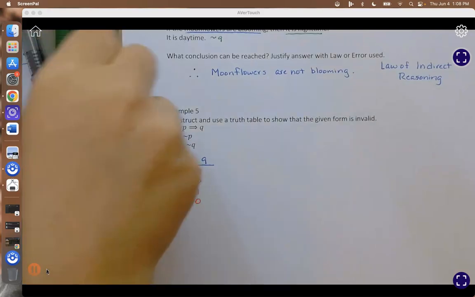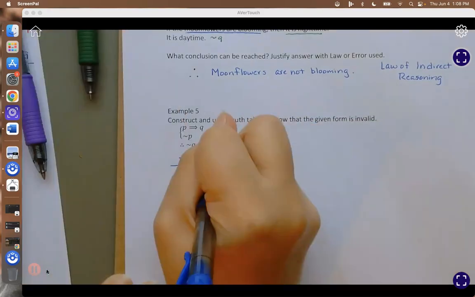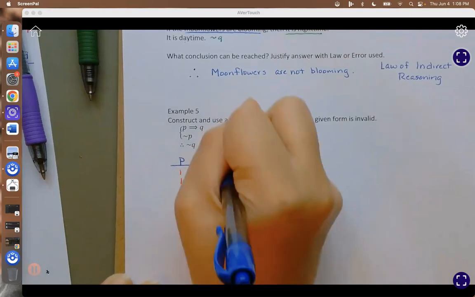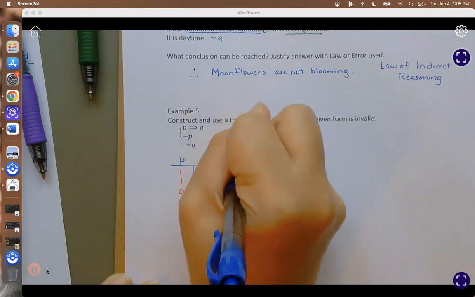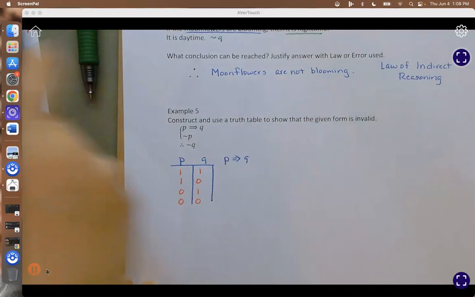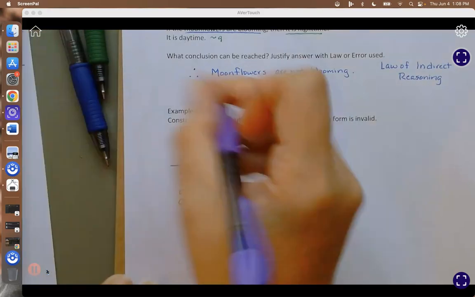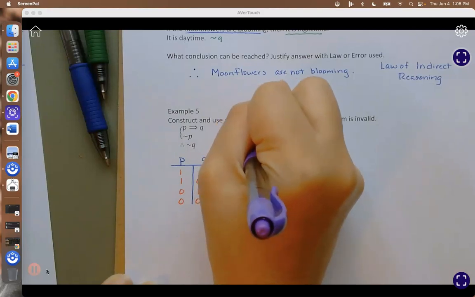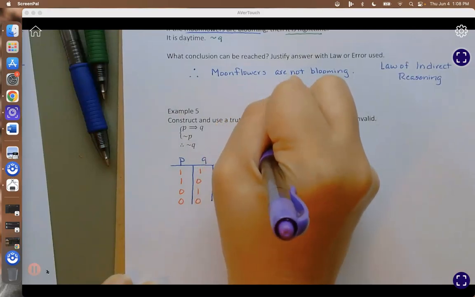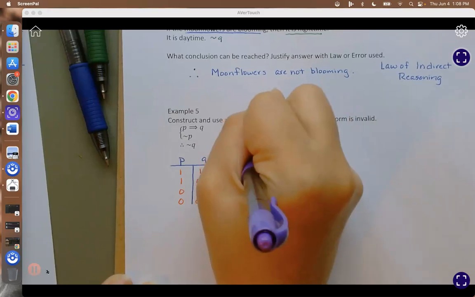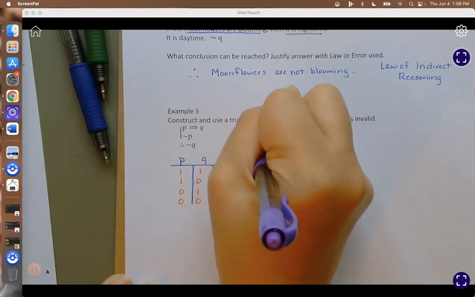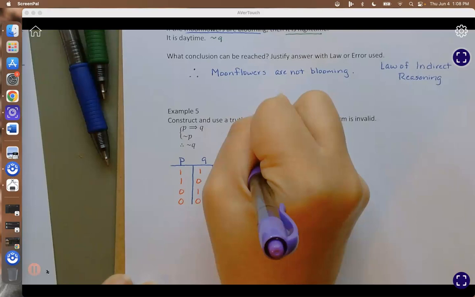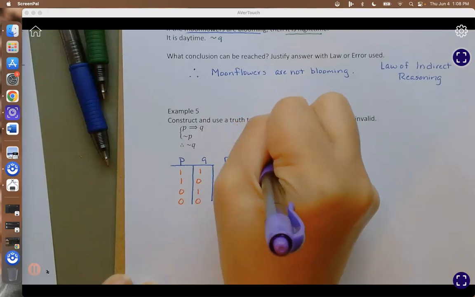Okay, now the next piece is the first line. P implies Q. Remember here, it's only false if first is true, second false.